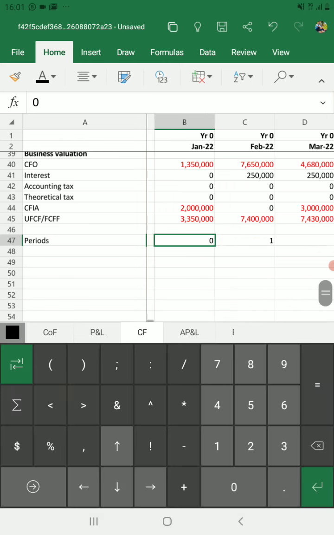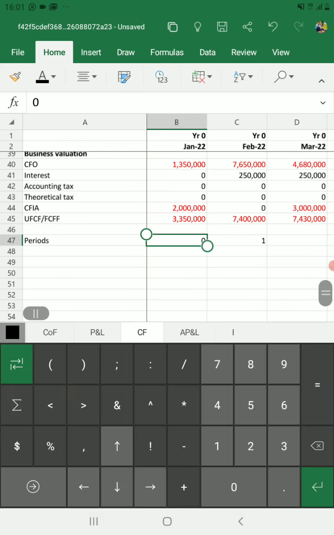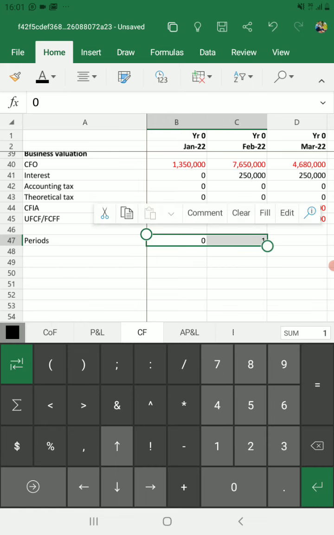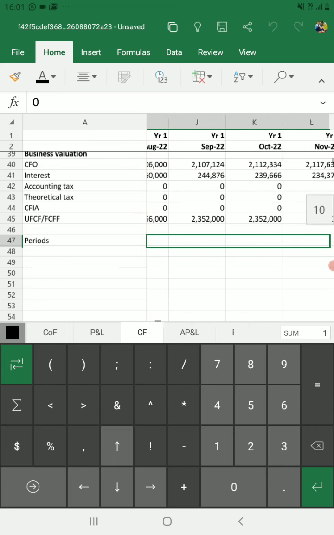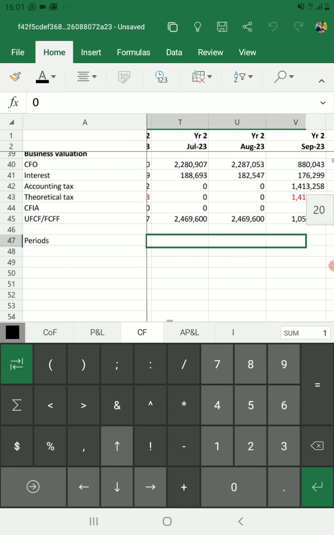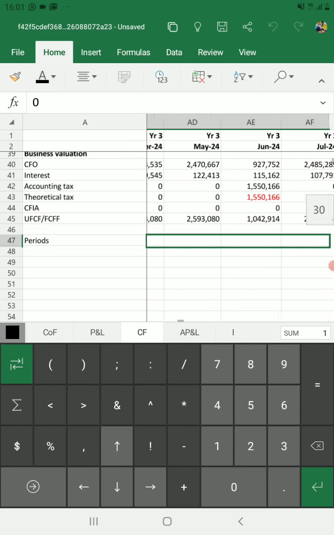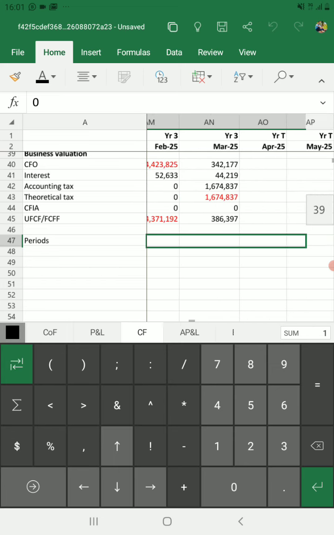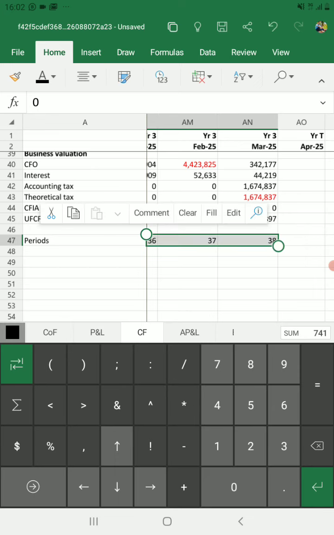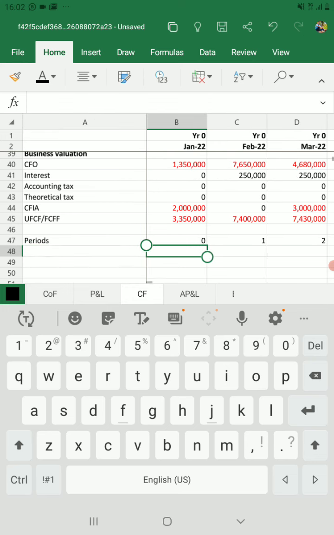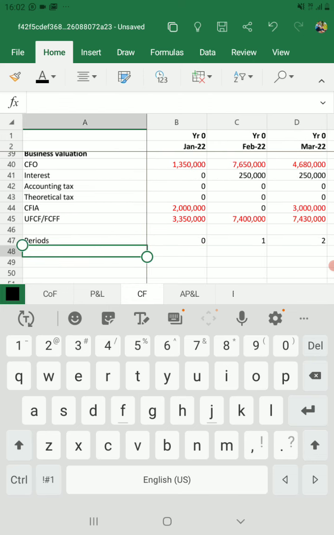So I can just select these two and fill them throughout the end of our projection period to get total number of periods until the end year. Okay, so we have our periods.